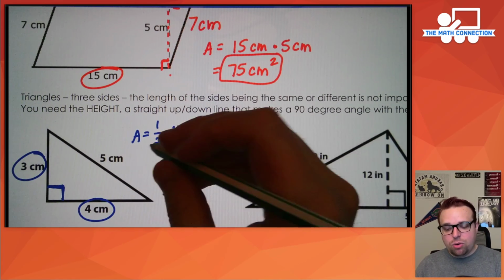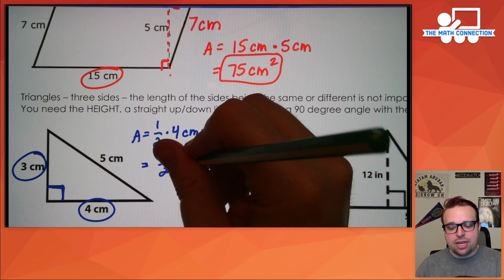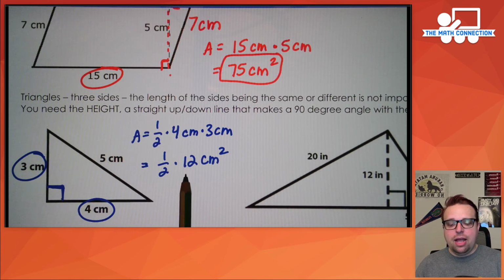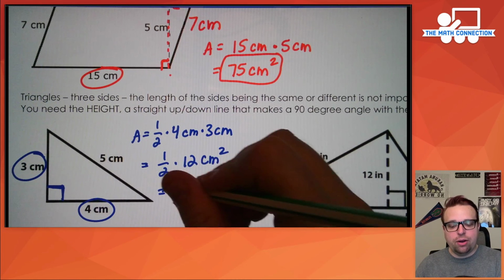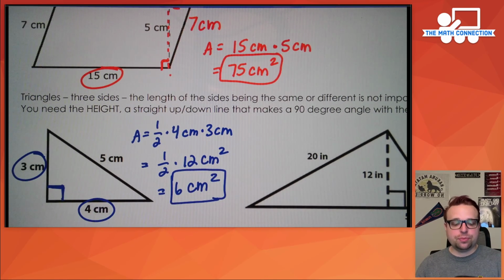So 4 times 3 is 12, so this is 1/2 times 12 centimeters squared. And then half of 12 is 6. 12 divided by 2 is 6. So this is going to be 6 centimeters squared. That's the area of this triangle.